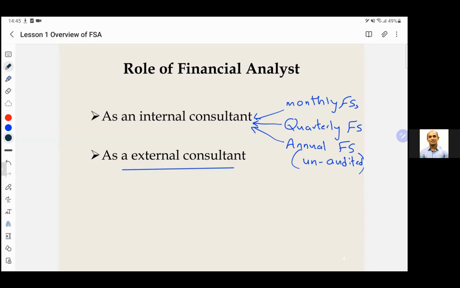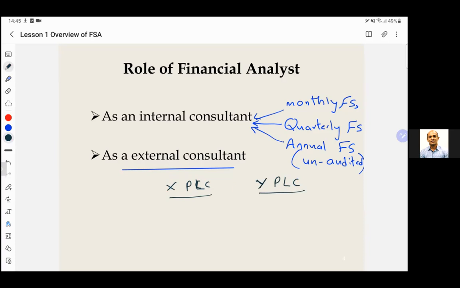Let's say a seasoned public offering. Those terms you have learned in financial management. Then let's say X PLC and Y PLC. So these two companies are going for a seasoned public offering.